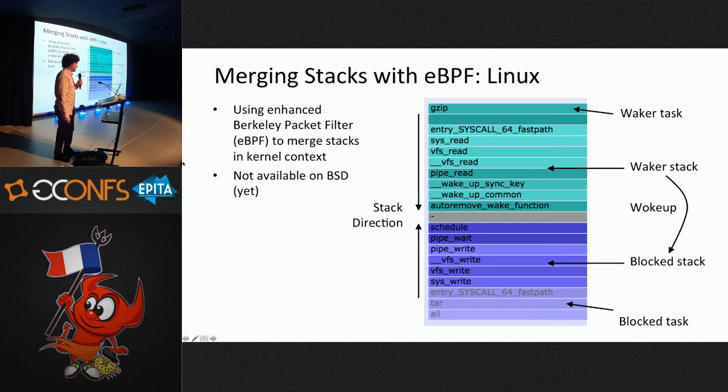It would be good to get this working on BSD as well, but this is a more powerful tool for doing off-CPU analysis, because I've done lots and lots of off-CPU flame graphs, and I think you'll find probably 70 to 80% of the stack traces are not that interesting. You're blocked on a mutex, you're blocked on a conditional variable, you need to know who woke you up and their stack trace to make sense of it. So being able to merge the waker with the blocked stack is pretty important.